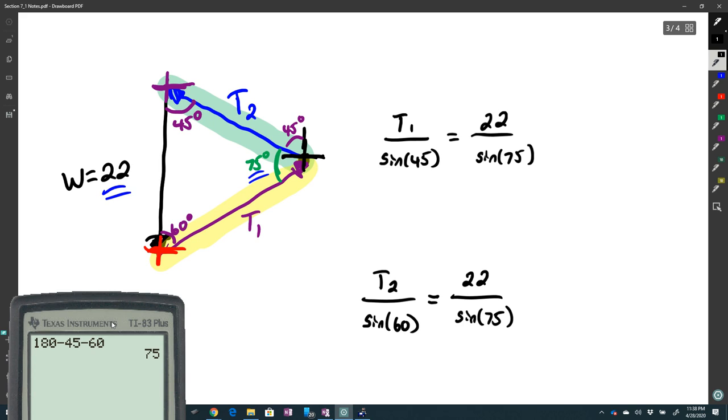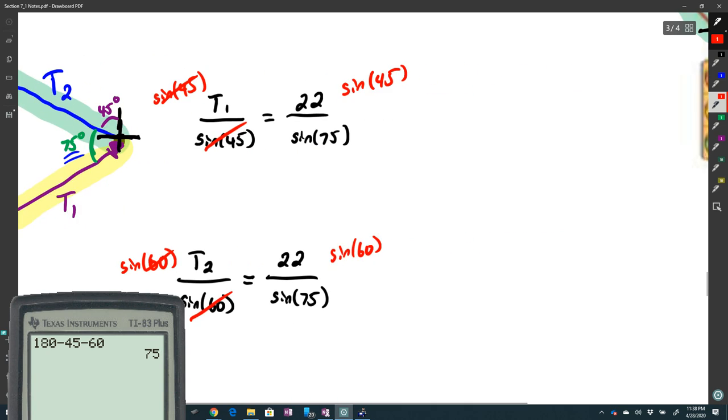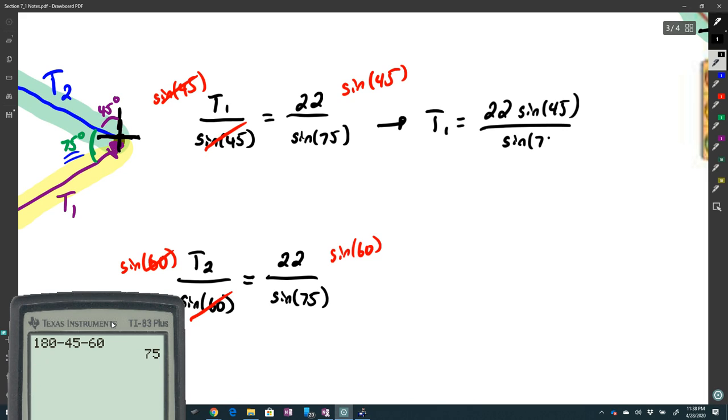And we just solve each one. Sine of 45, sine of 45, cancel, cancel. Sine of 60, sine of 60, cancel, cancel. And so T1 is equal to 22 sine of 45 over sine of 75.